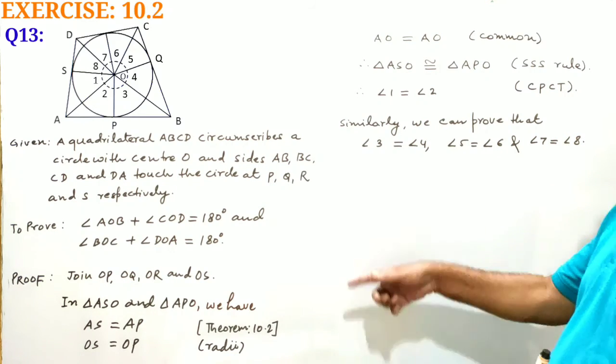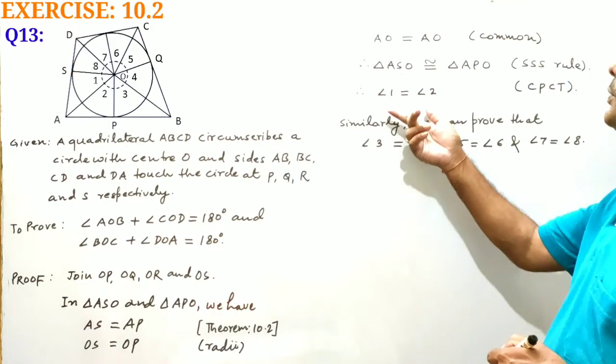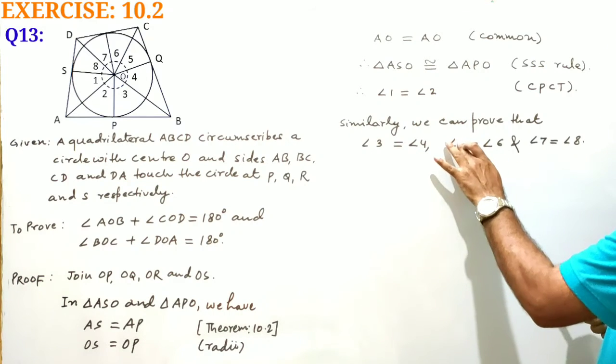In the same pattern, proving two triangles congruent, we can prove these angles in pair, they are equal.